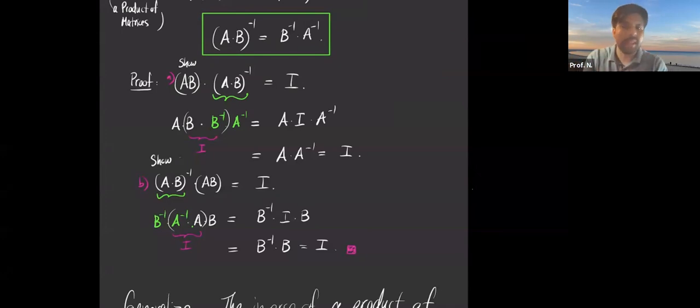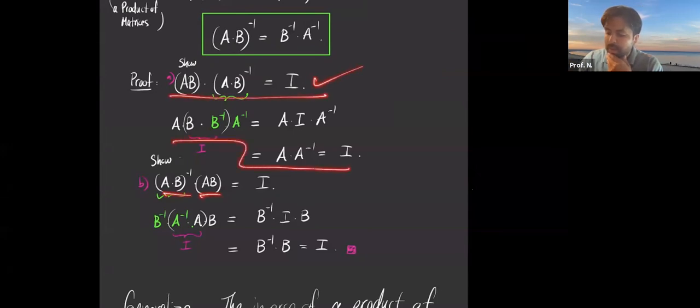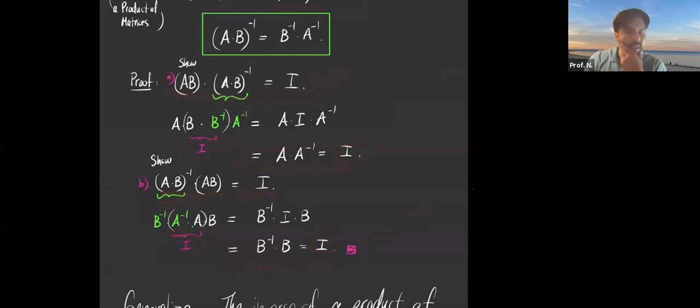I'm just showing you that it works. I want to show this, so I showed it. They both end up with the identity. So then guess what? This is indeed the inverse of A times B. If an inverse were to exist, this is what it would look like.